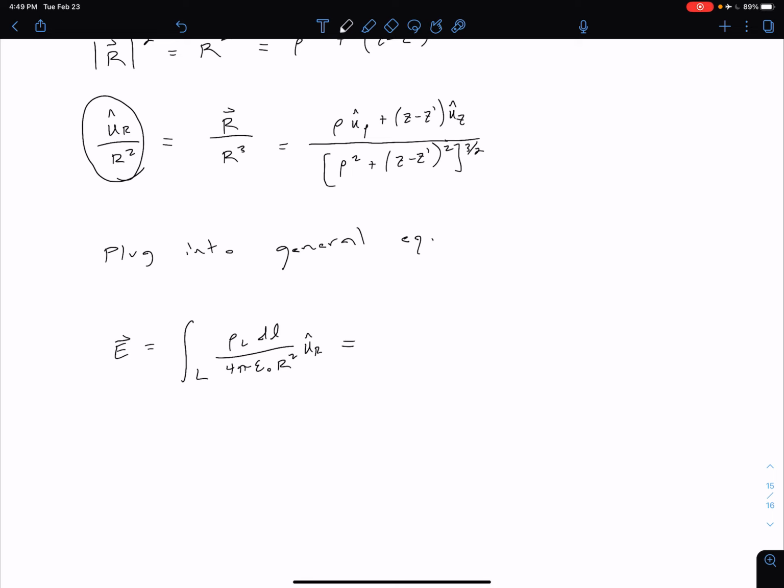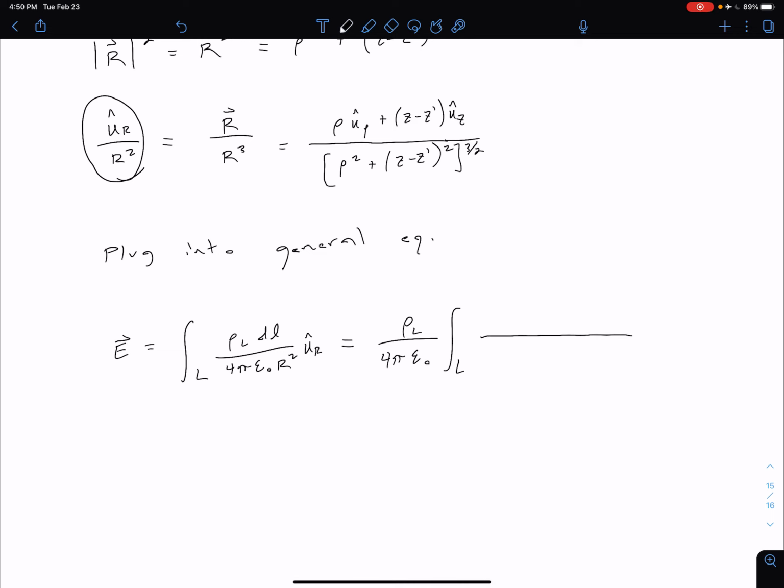And so we can pull out some constants here because we said we have a uniform charge density rho sub L. So this is a constant value for all rho, all z. This can come out in front of the integral, as well as our 4 pi epsilon naught. Those are just constants. So we have rho L divided by 4 pi epsilon naught, integral over the line.